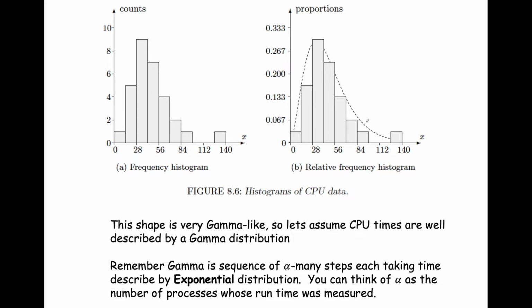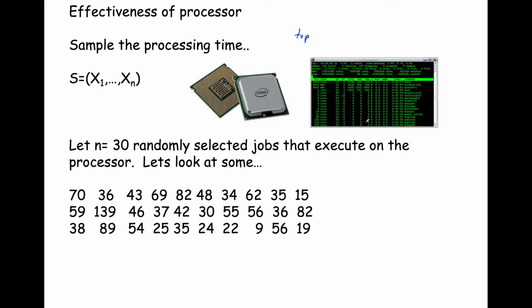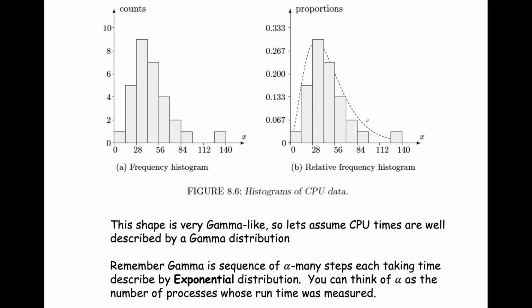So effectively, we have an exponential distribution giving us 30 different time measurements. Of course, alpha in this case will be 30, if we go to the previous slide, because we have 30 many time samples. So this looks very gamma-like, and we can think of alpha as the number of processes whose runtime was measured.